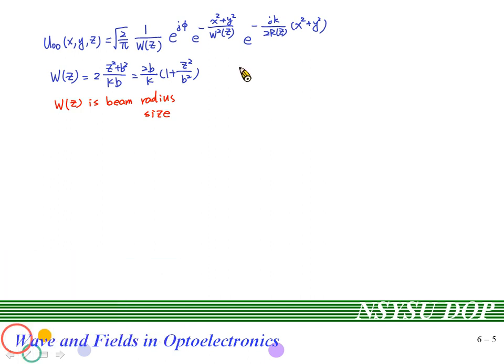Another important parameter is the inverse of R of Z, which is defined as Z over Z squared plus b squared. And this one is the phase front curvature. So, capital R of Z is the radius of curvature.